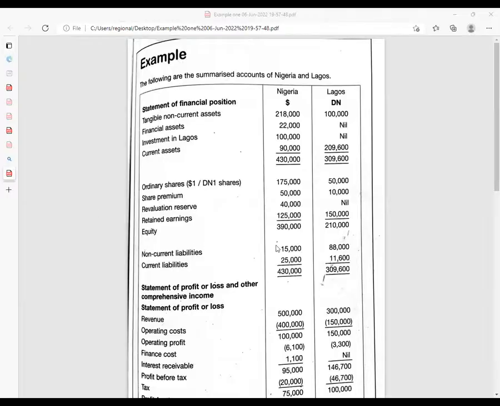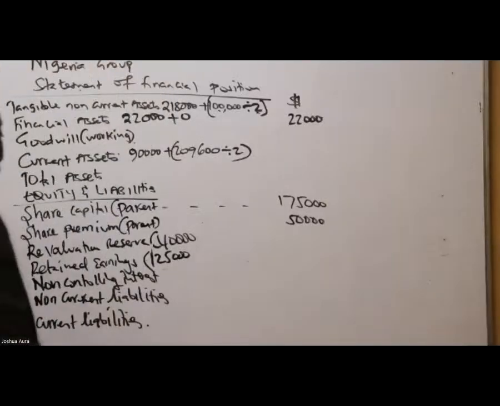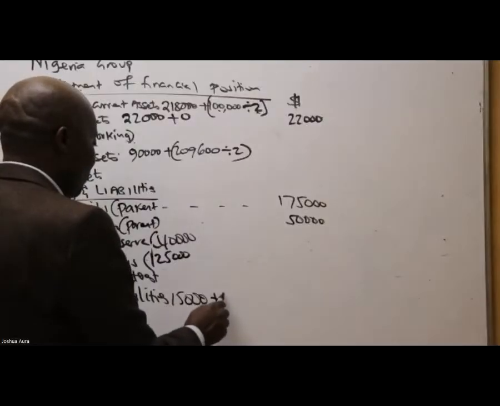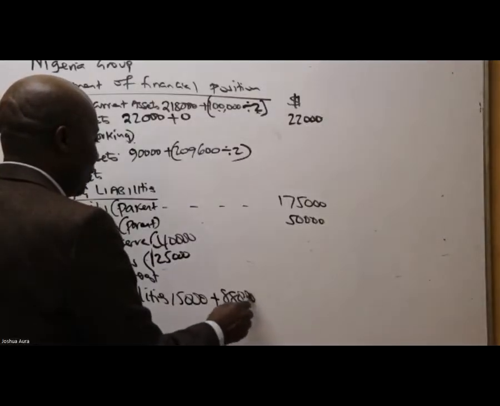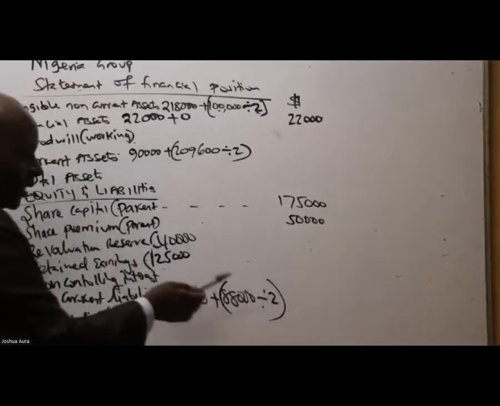I can see 15,000 plus 88,000. But remember, these currencies are different, and we must retranslate the ones of the subsidiary. The 88,000 still falls under assets and liabilities, so it has to be retranslated. So we have 15,000 plus 88,000, but this has to be divided by 2 like that. And remember, this 2 is only dividing this one.